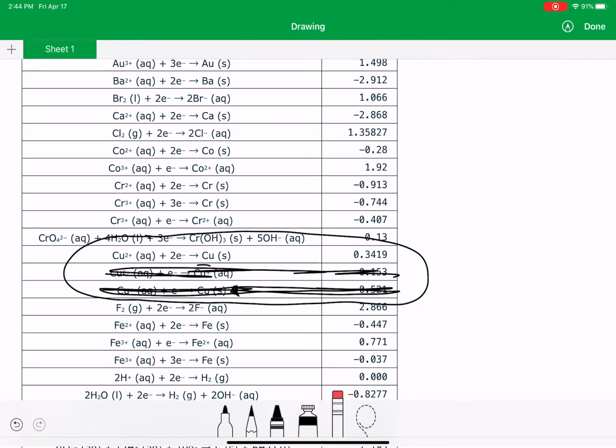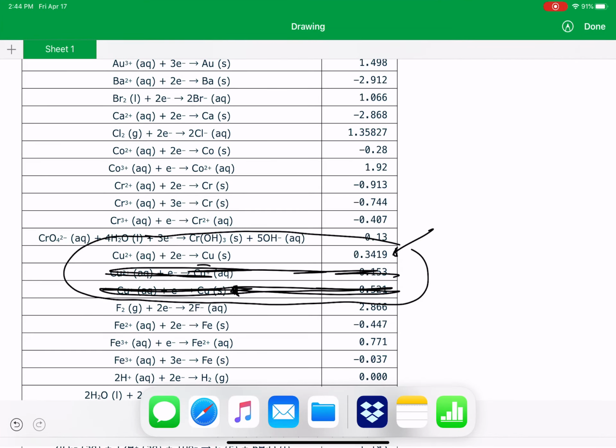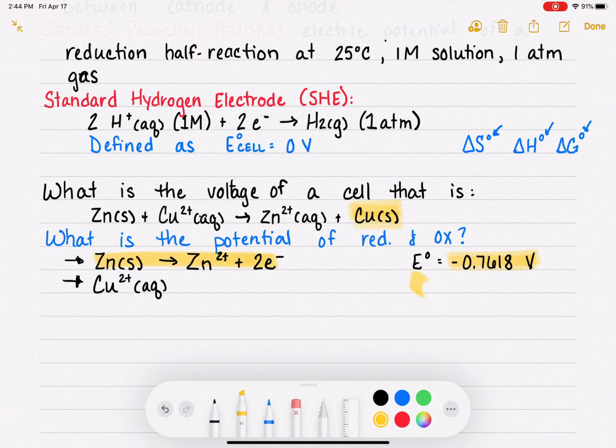Copper 2+ plus 2 electrons makes copper, and the voltage for this is 0.3419. So those are our 2 half reactions.